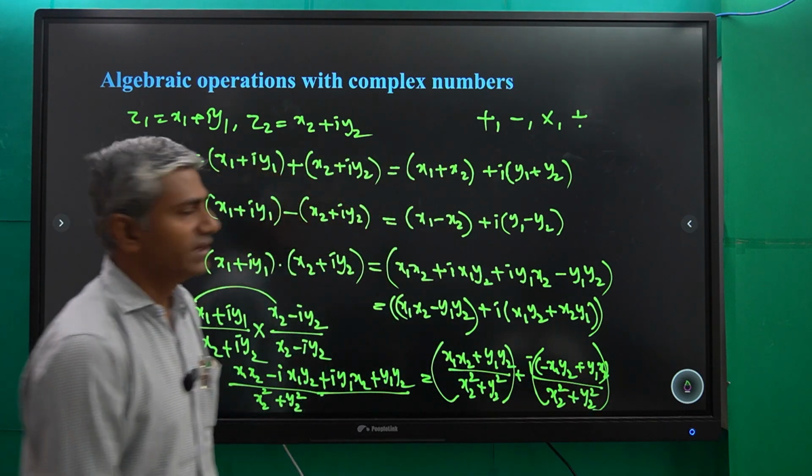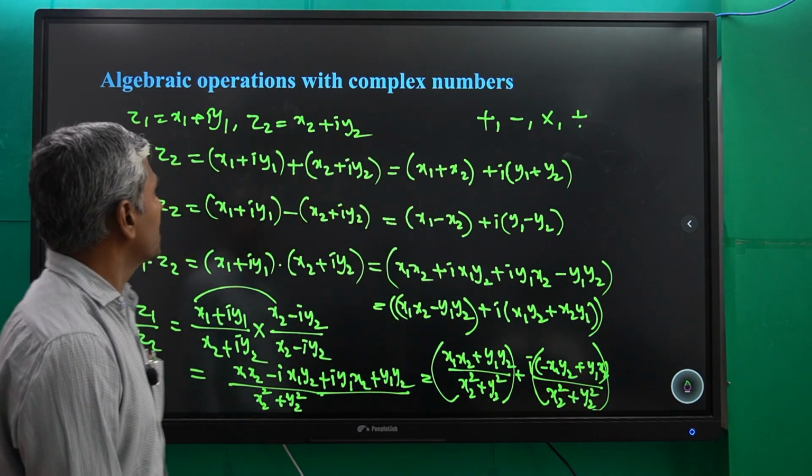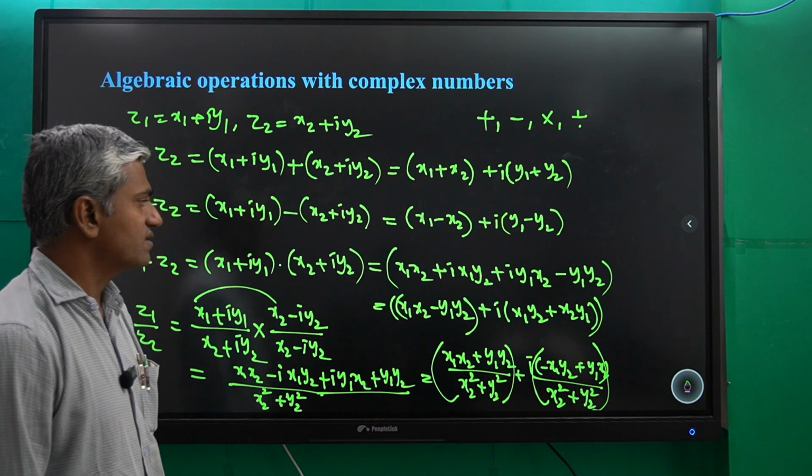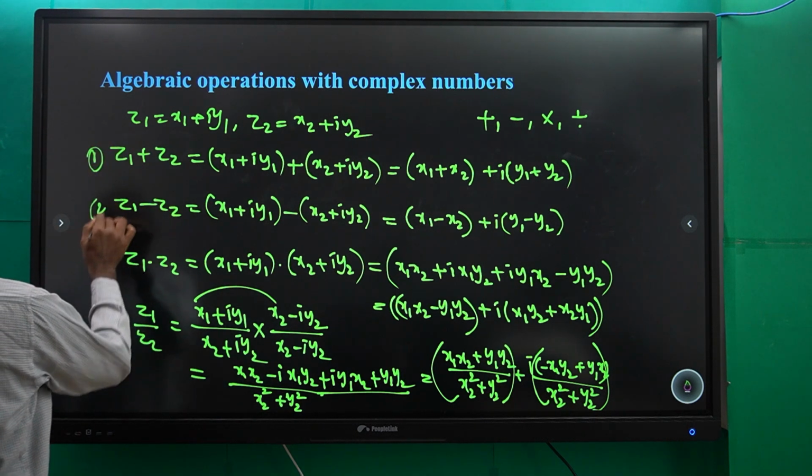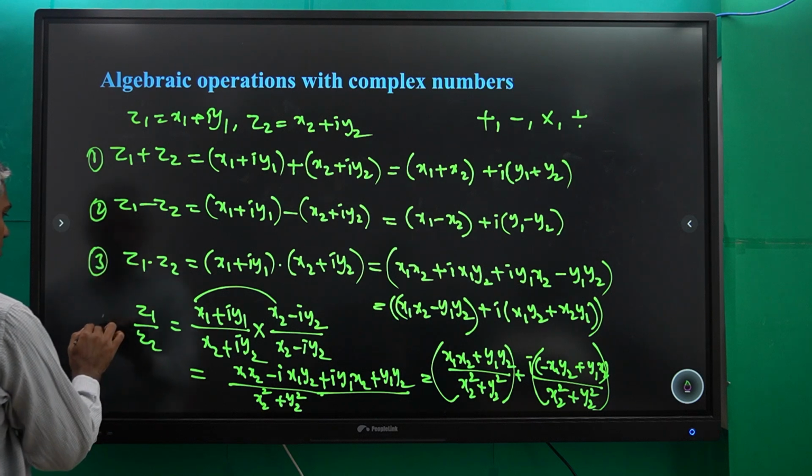Therefore, these four operations are said to be algebraic operations under complex numbers: number 1, number 2, number 3, number 4.